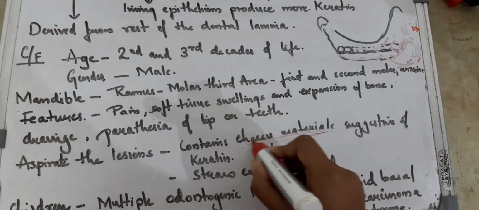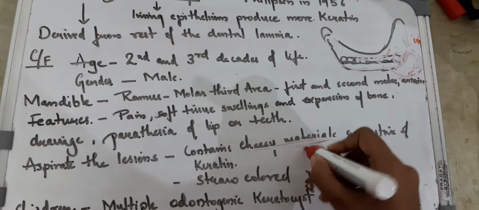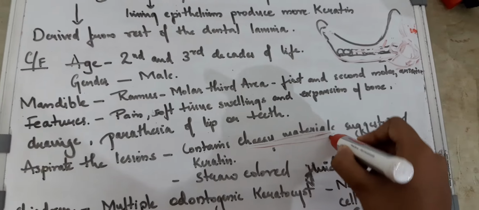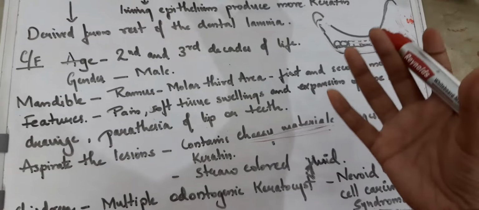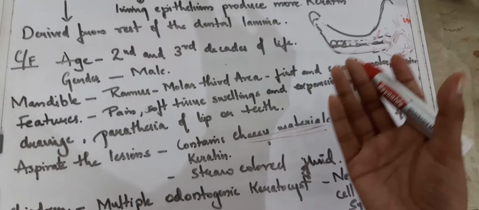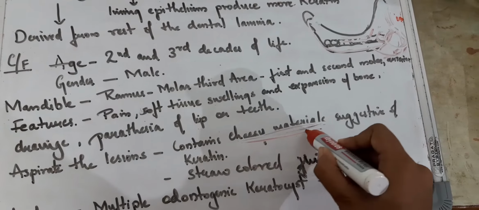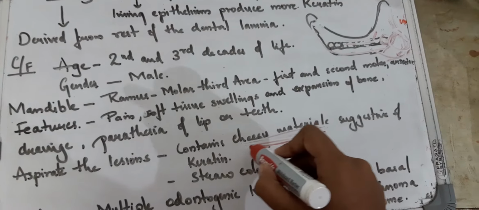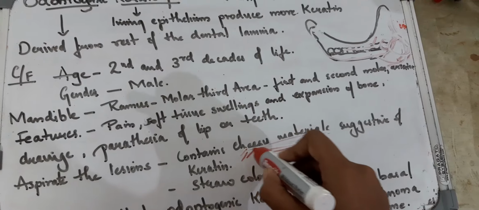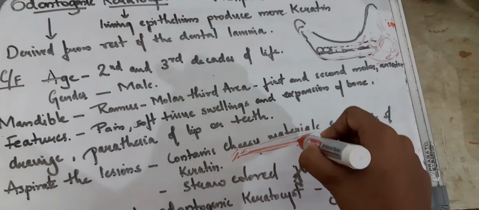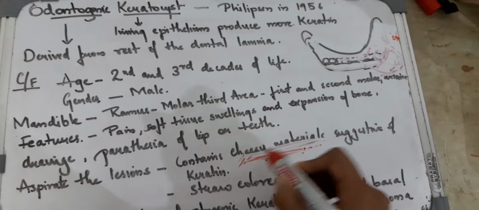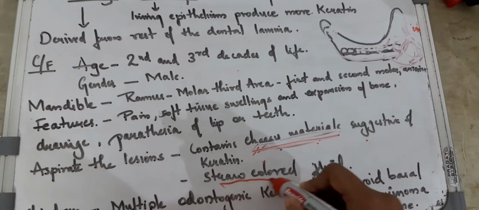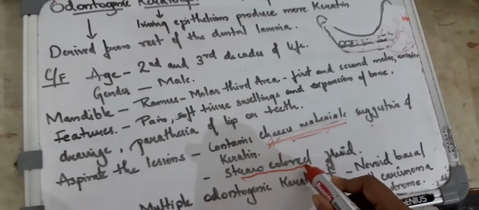Always try to underline the points which have unique features. You should highlight that point, so the examiner who checks your answer will always be attracted toward your presentation. Cheesy material is suggestive of keratin, and sometimes it also shows straw-colored fluid.